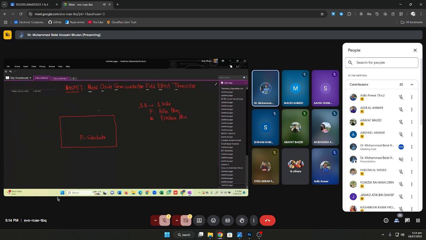The next step is that inside this block we create two regions. Region 1, region 2. This region is N-type material. That is also N-type material. To be precise, it is N+. N+ means it is an N-type material where electrons are majority carrier and holes are minority carrier, but it has been heavily doped.